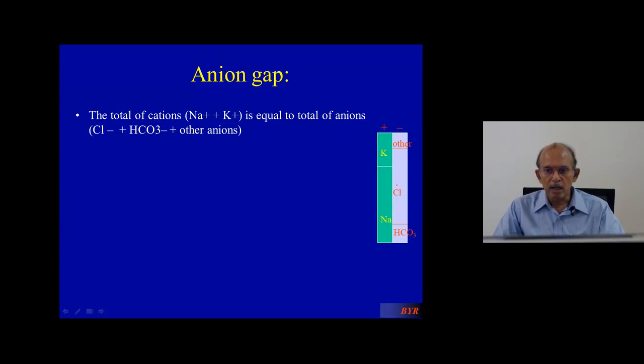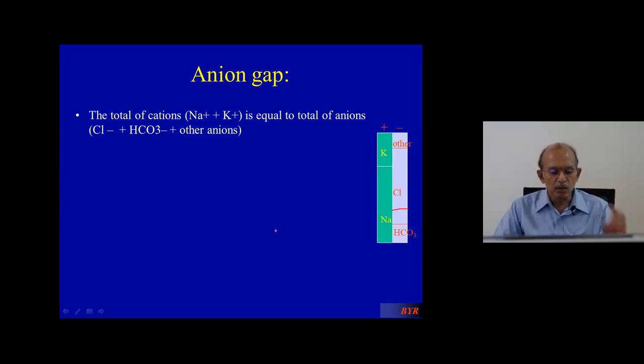When the chloride has decreased, what will happen? The bicarbonate will increase to make up the total of anion level. Vice versa, if chlorides increase, bicarbonate will decrease. Whenever bicarbonate decreases or increases, that will produce metabolic acidosis or alkalosis.